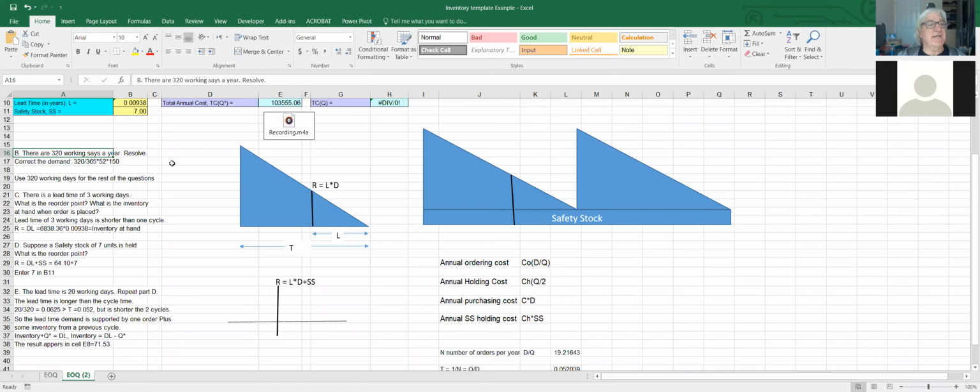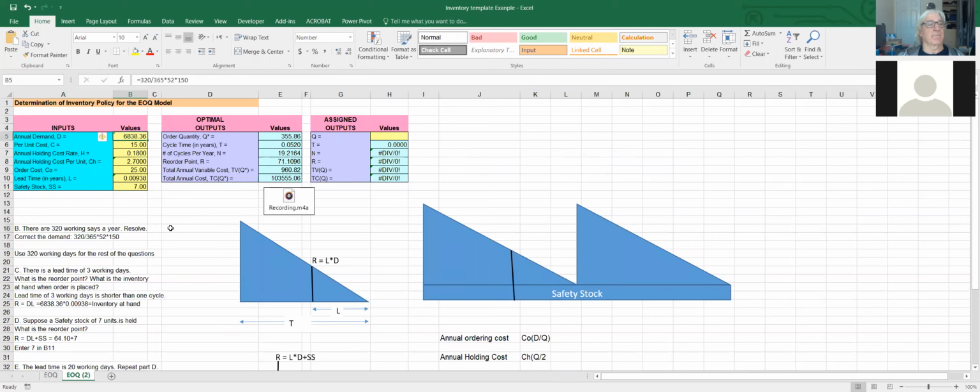Therefore, you have to update your annual demand. So you have the old demand of 52 times 150, which is 7,800. Now you multiply it by 320 over 365, and what you are getting is this. The rest remains the same, 15, 18, 27.